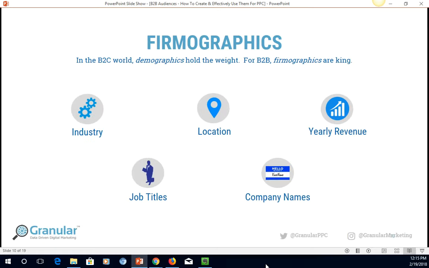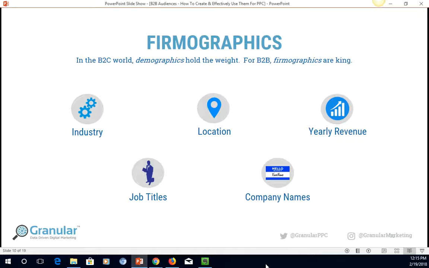In the B2C world, demographics hold the weight. Things like age, gender, marital status. But in the B2B space, firmographics are king. What industry is the business in that I want to target? Where are they located? How big are they? What are the job titles that I want to target, in terms of the people that are making the decisions and doing the research?